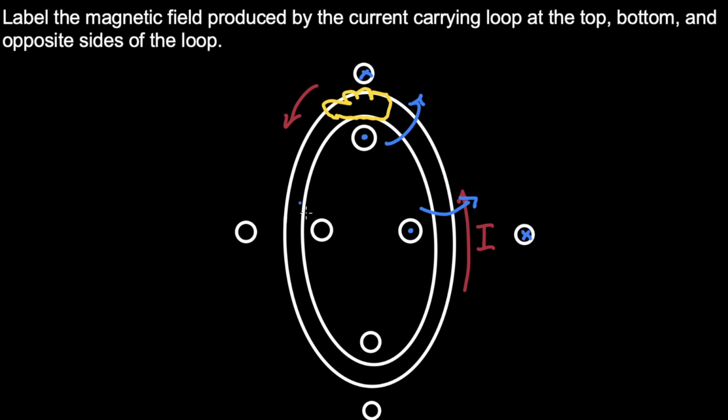If I continue moving my hand around, you'll find the same thing. Coming out of this side and going into this side. I'll just draw it in that position here. So there's my thumb and my fingers, and here's my thumb, and here's my fingers. Okay, so let's move on to the next question.